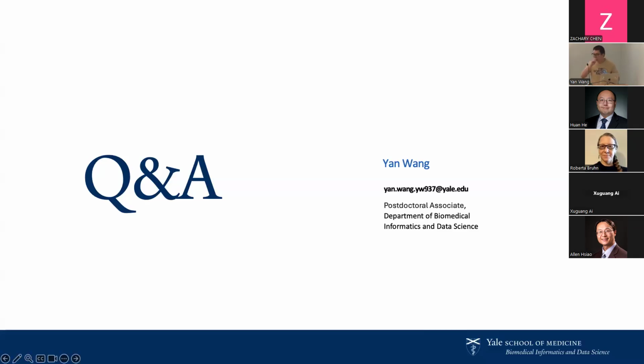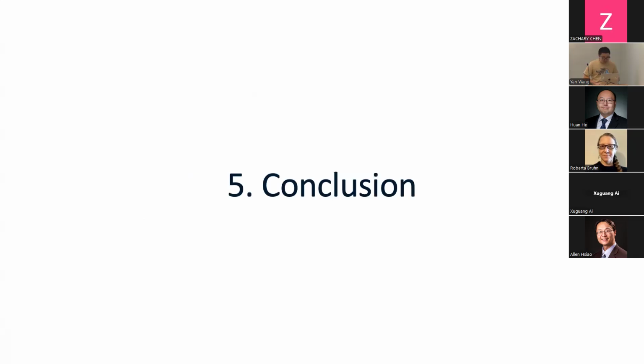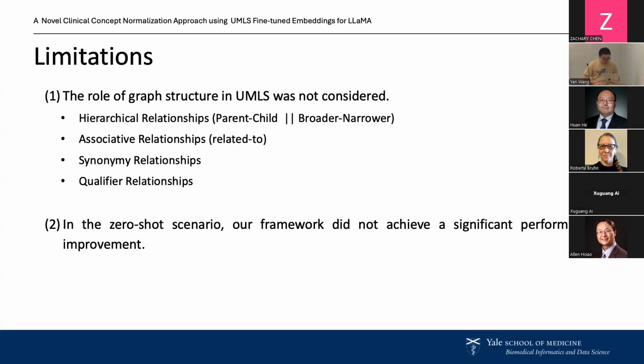What do you mean when you say zero-shot performance is not good? I have a conclusion, okay. Next, yeah. Because I designed three different indexing libraries. The first one is a UMLS-only indexing library. The second one is UMLS plus the MedMention dataset.